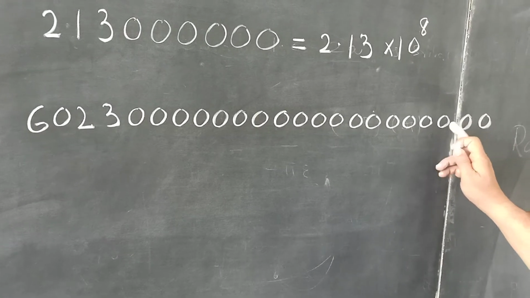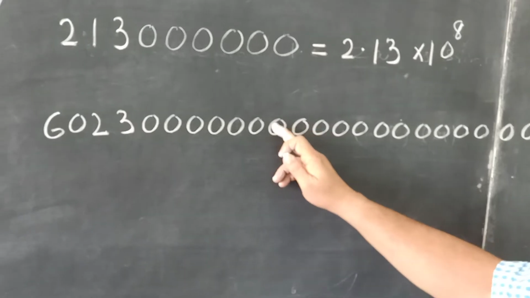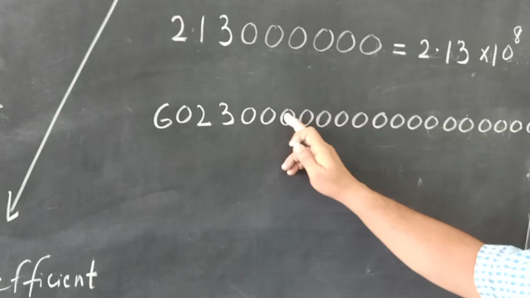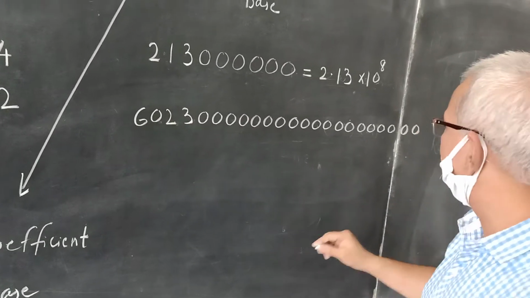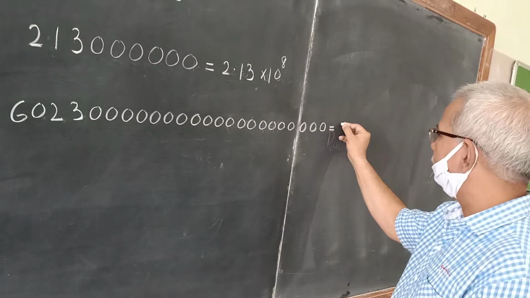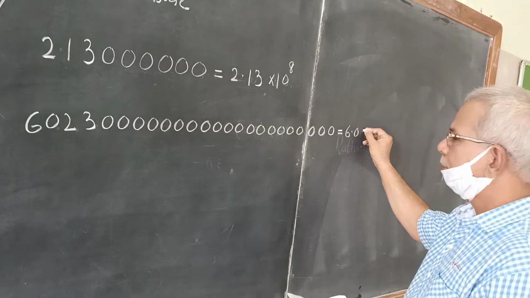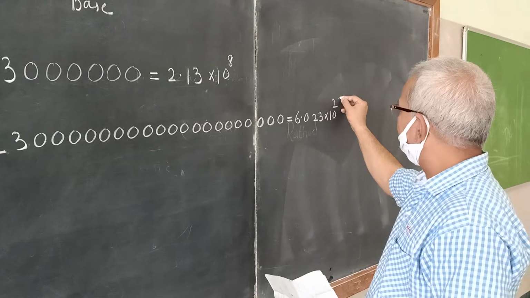Counting 1, 2, 3, 4, 5, and so on up to 22, and one more number here, 23. This is equal to 6.023 into 10 to the power 23.